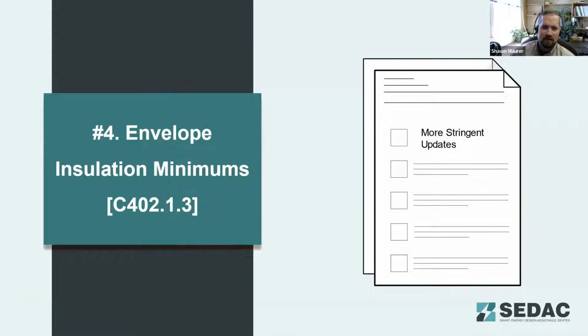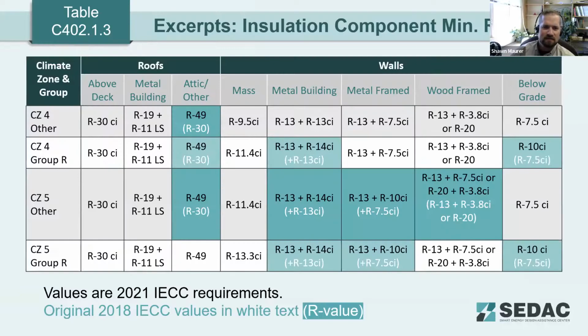So next, looking at our envelope insulation minimums. These are the requirements. We've pulled together the R-value tables here. The green boxes on this table indicate where they've actually had some increases in the performance requirements for that insulation value. We've put the original 2018 values in parentheses beneath the 2021 requirements so that you have a single reference.